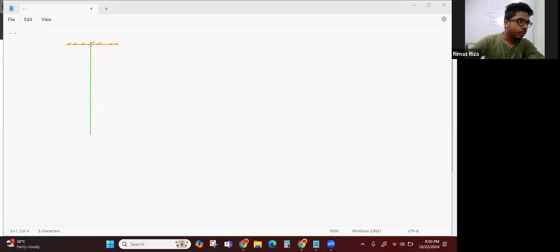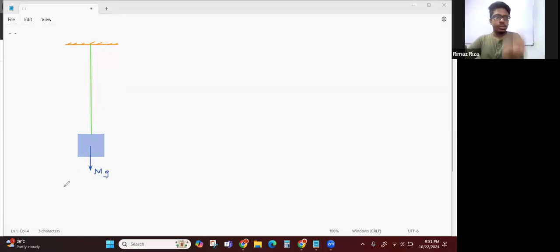Here's a string, and then there is a mass attached to it. Okay, so we can mark the forces. This mass is attracted by the gravitational attraction, so its weight acts vertically downward, mg.